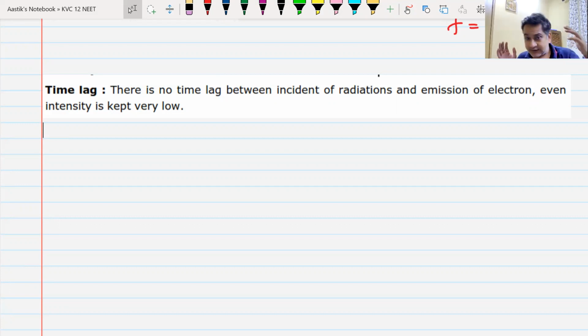You might get a question straight away on this in NEET. They'll ask you simple series questions, as simple as that. Time lag, there is no time lag. That means it's an instantaneous process. As soon as light falls, electrons are emitted, instantaneously. This process is instantaneous.